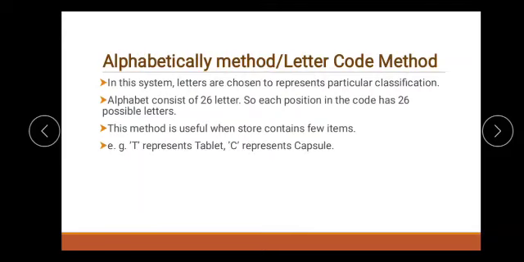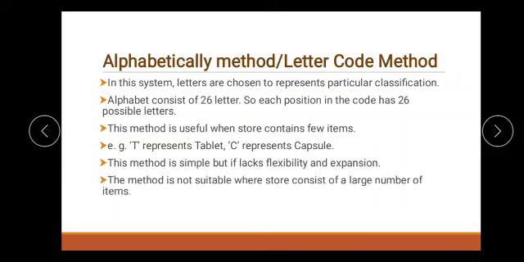For example, T represents tablet and C represents capsule. This method is simple, but it lacks flexibility and expansion. The method is not suitable where stores consist of a large number of items.